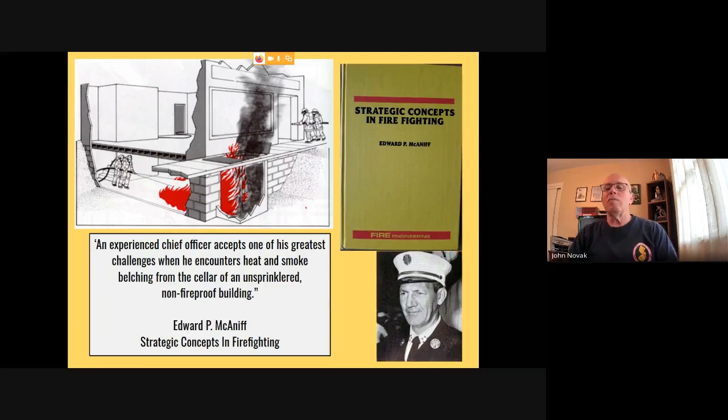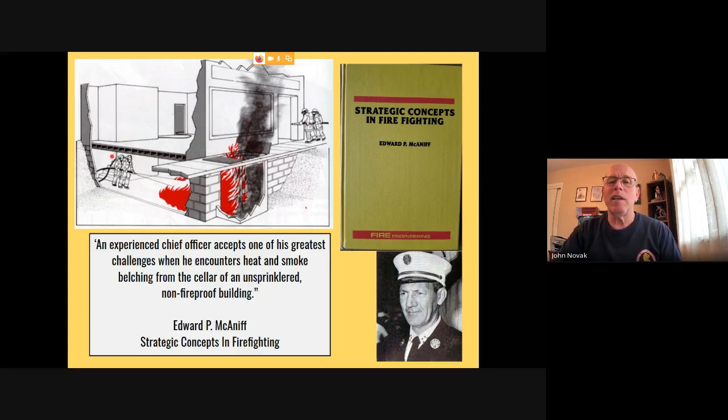All right, so here's an old picture that I found that we used when we used to teach cellar fires. One of the traditional methods was a hand line on the first floor, a protection hand line, a line going into the basement stairs, pushing down to the front, ventilation of the sidewalk entranceway.